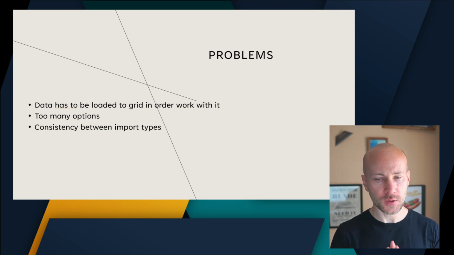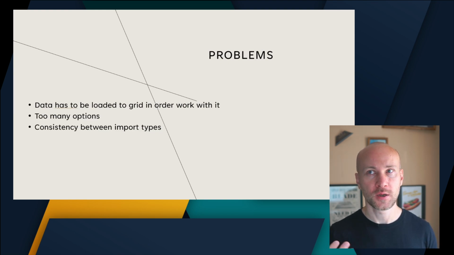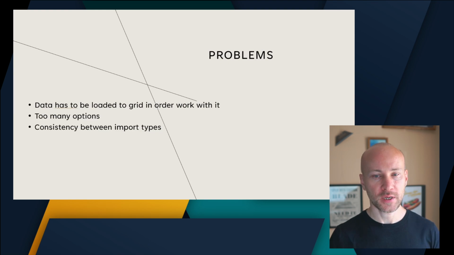So that created a limitation: if you have over 1 million documents and your computer doesn't have a lot of memory, you may not be able to load it to the grid. It's just not enough. So that is currently a problem, and you have to break data into smaller chunks. A lot of people got around it by just buying really powerful computers, which is fine, but again, we still have that limitation.